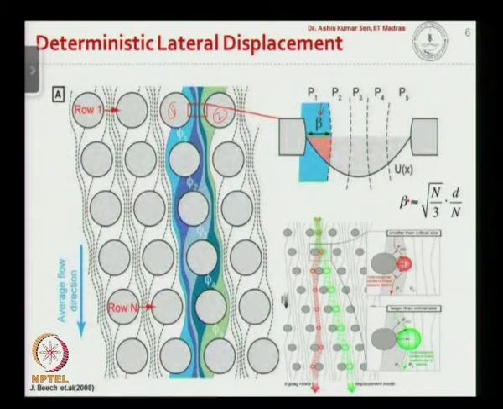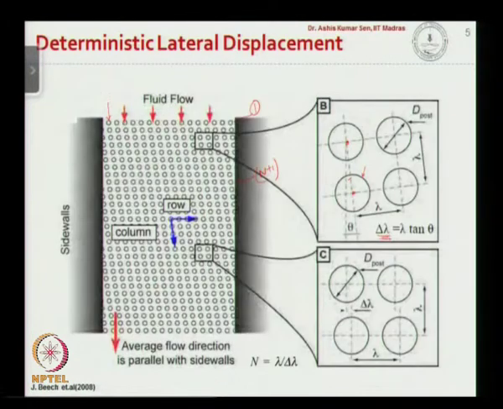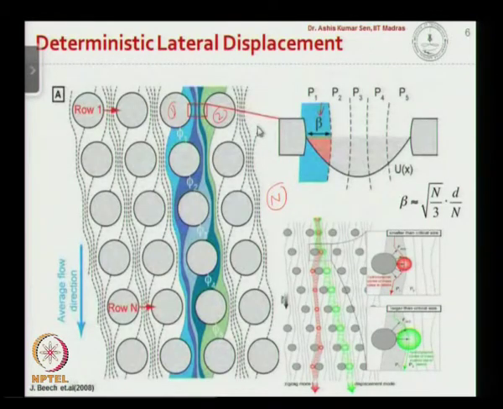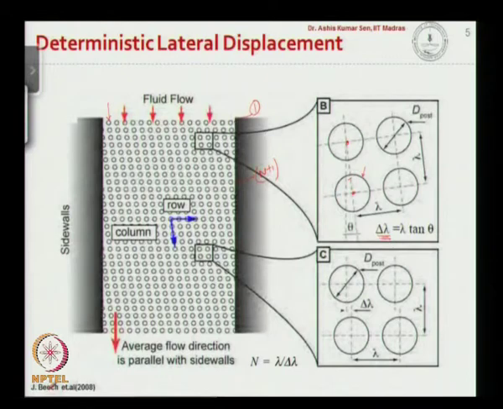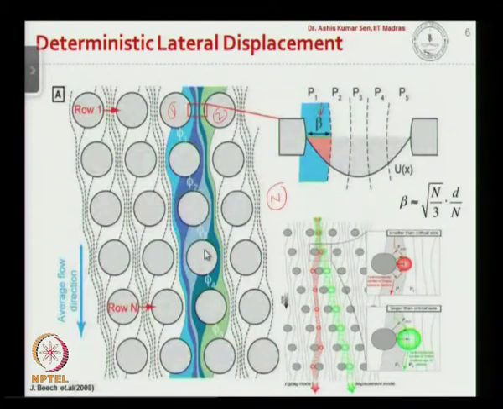the period of the array, meaning the first and n plus 1th row have the same configuration. Okay.